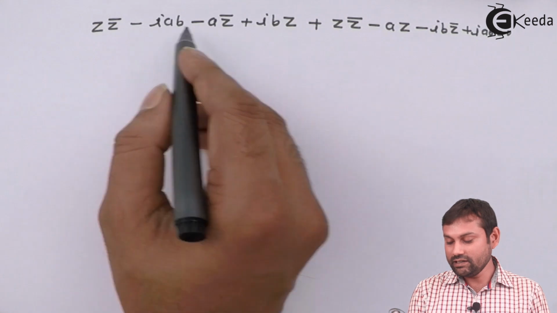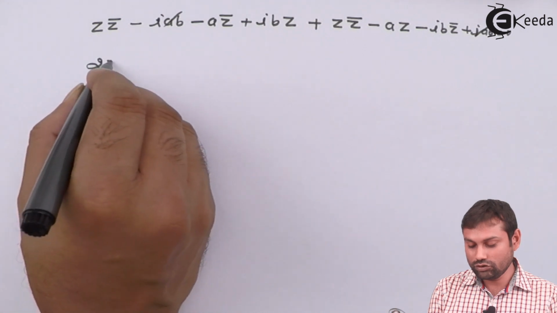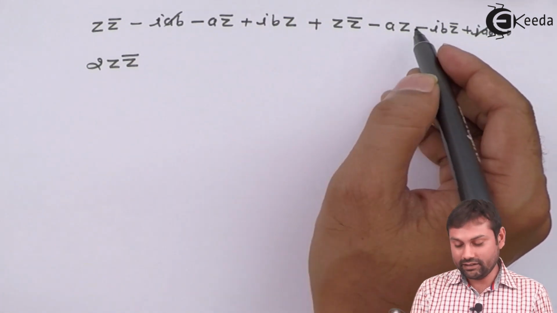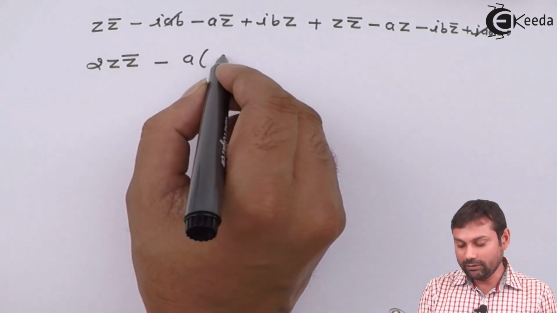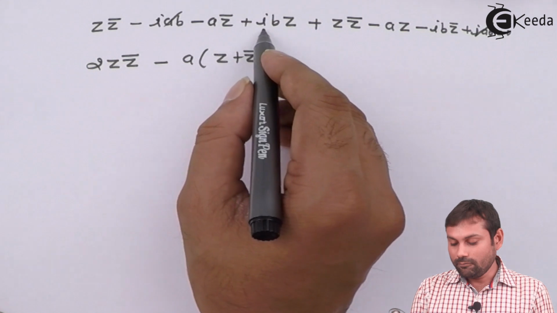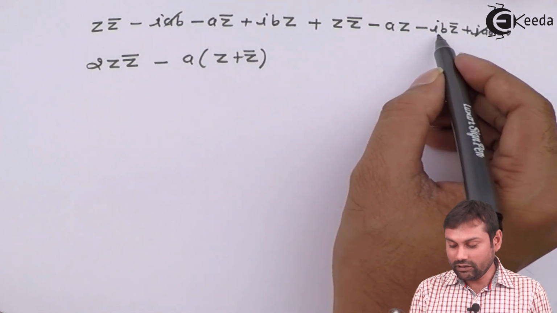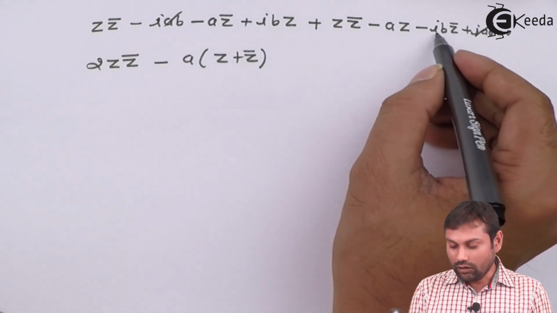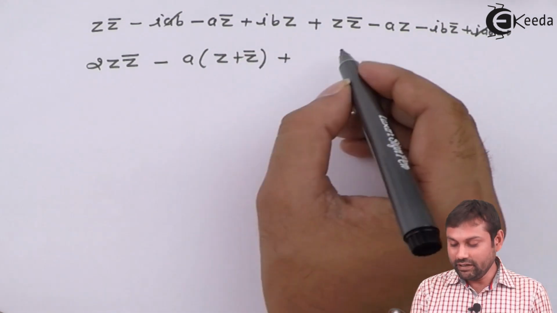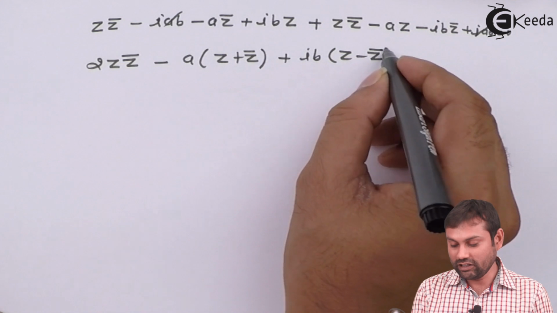Here iAB minus iAB gets cancelled. So z bar and z bar becomes 2 z bar. Here minus A z bar and minus A z, so we can take common minus A, that becomes z plus z bar. Again, here iBz and here minus iB z bar, if I take iB common, that becomes z minus z bar.